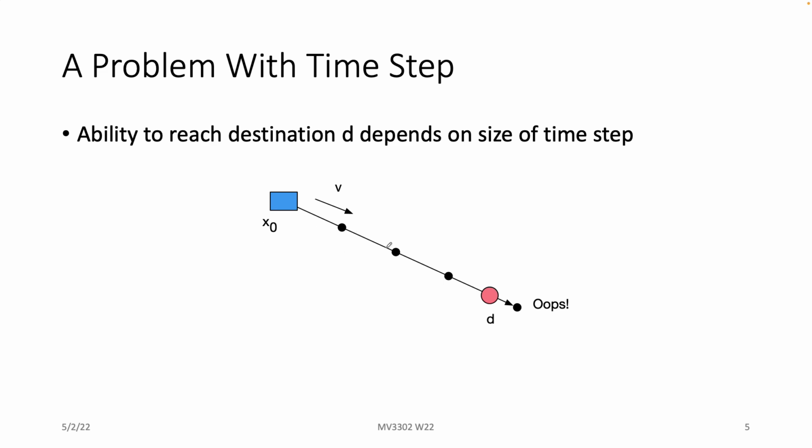In this particular case, if you have a naive time step, which many are, and our task is to get to this place, then, as the saying goes, you can't get there from here.